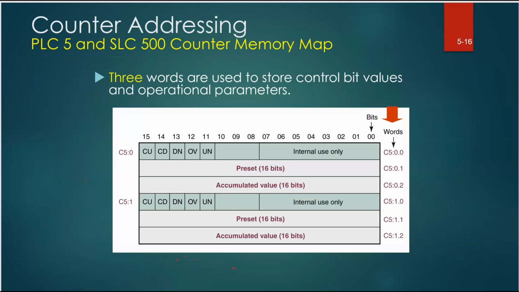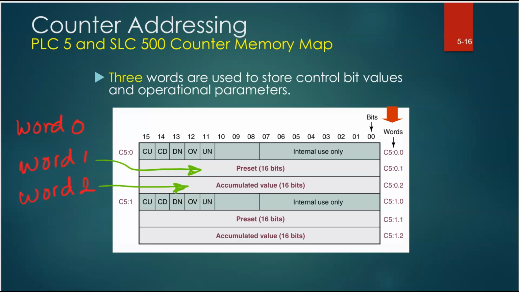Now let's take a look at different bits here. So similar to what we discussed for timers, every structure for a counter has 3 words. Word 0, word 1, and word 2. Word 1 is being used for preset value, and word 2 will be used for your accumulator value.